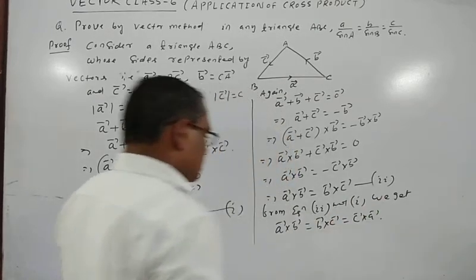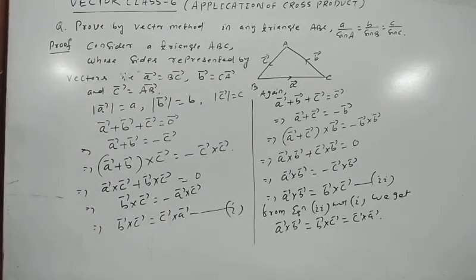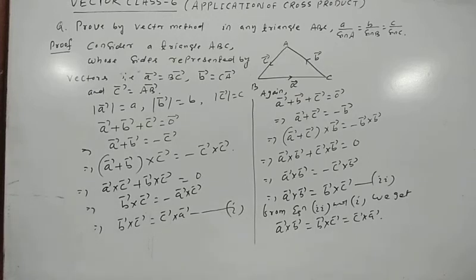Okay. So clearly a cross b is equal to b cross c is equal to c cross a. Now what do we do? Taking magnitude on both sides.